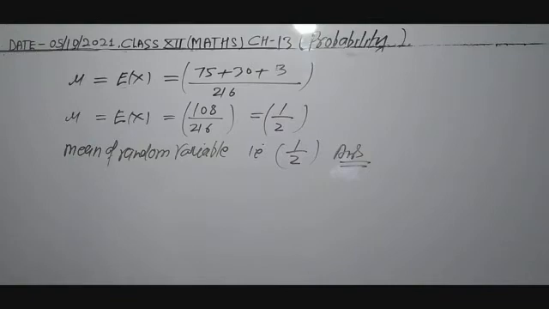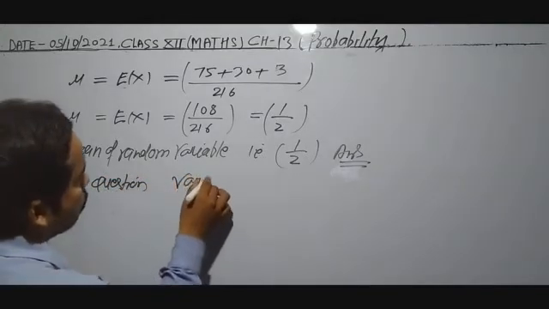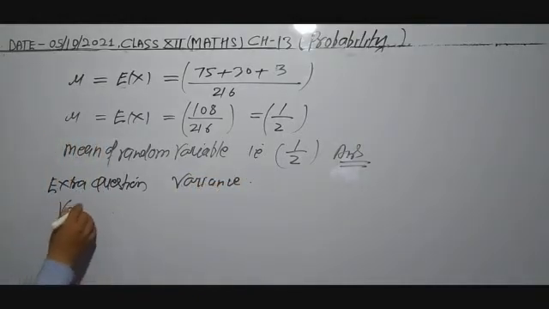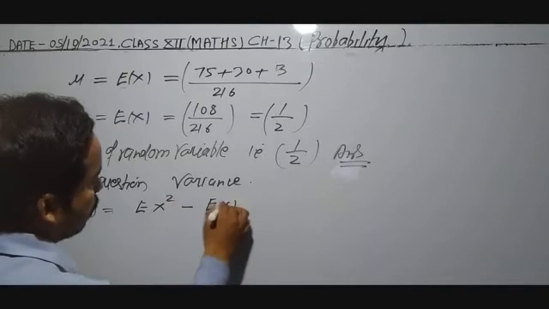And for the probability distribution, if you have to find the variance, we know the formula: E of x square minus E of x whole square.